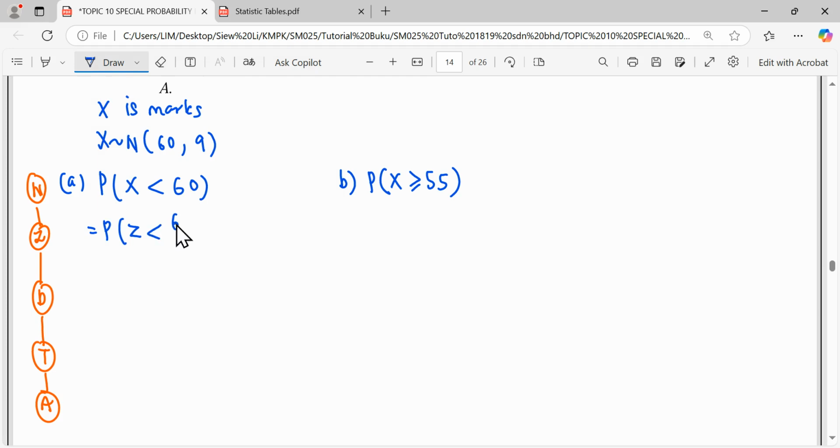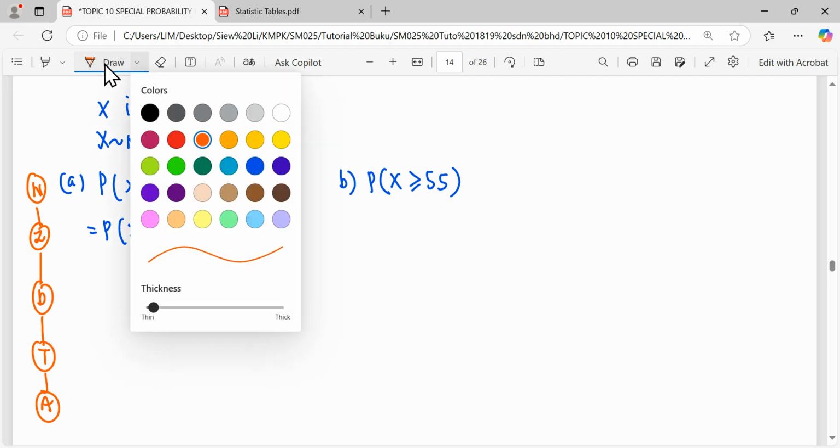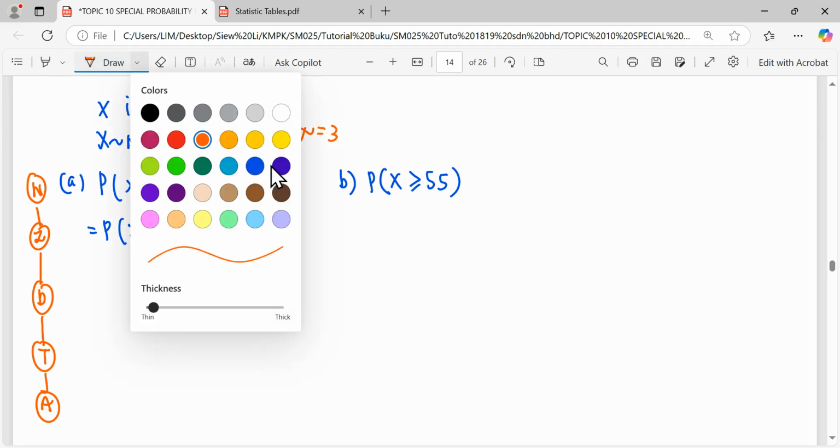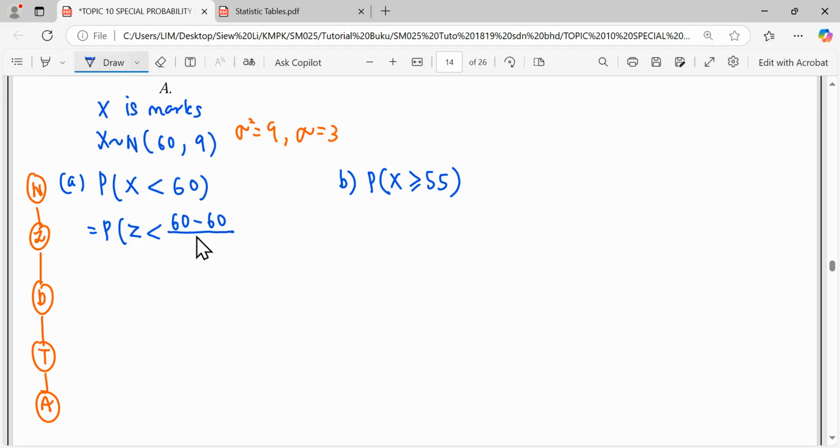Z score is X minus mean over standard deviation. The variance here is 9, which means its standard deviation is 3. Therefore, we are going to divide by 3.